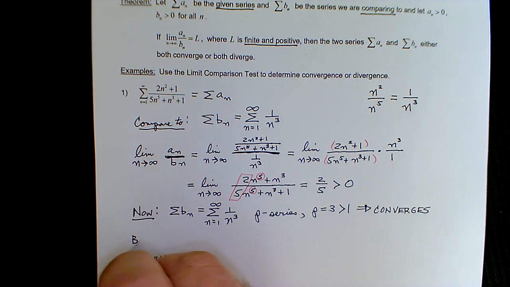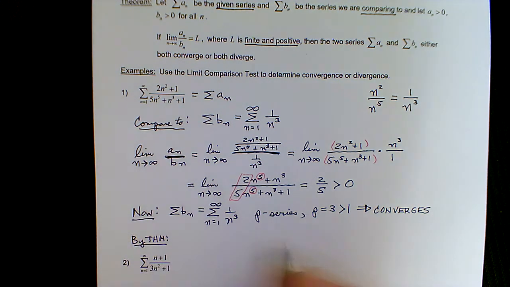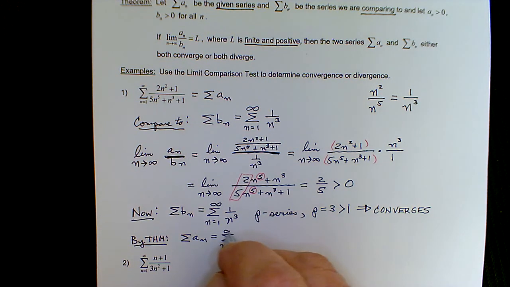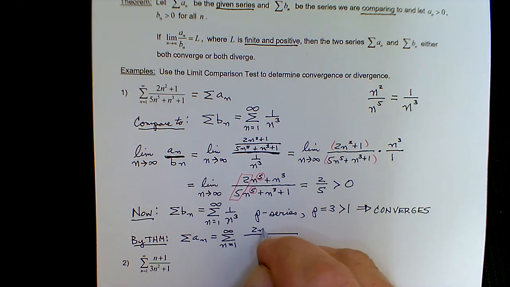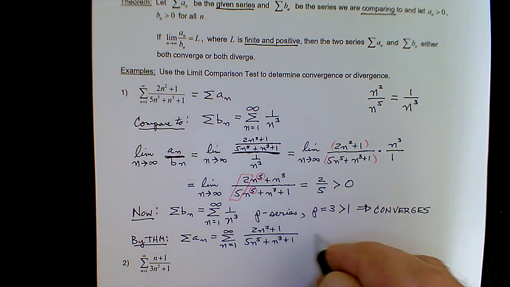So now by the theorem, again, this is a necessary step, the sum of the a sub n, which was this complicated looking series, would also converge.